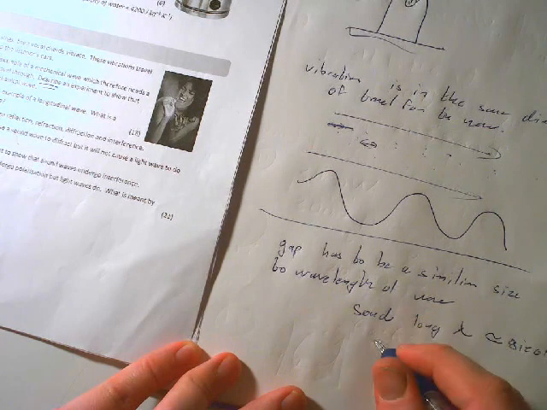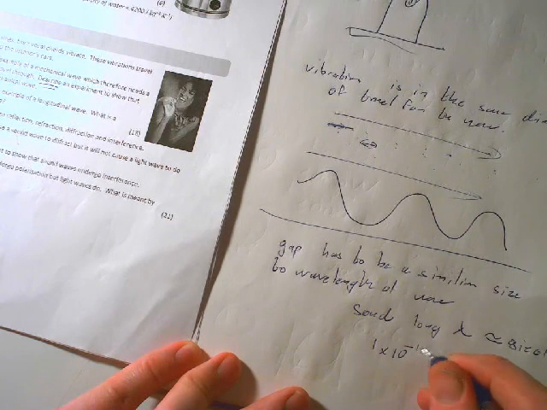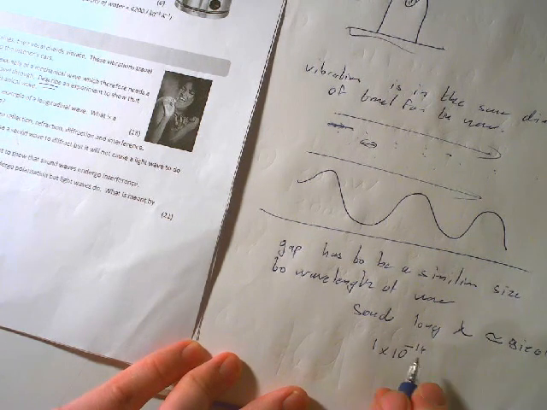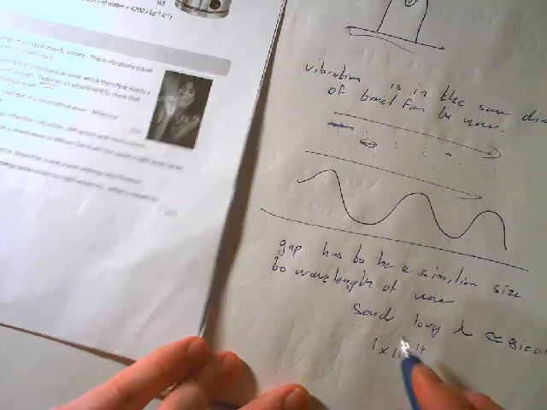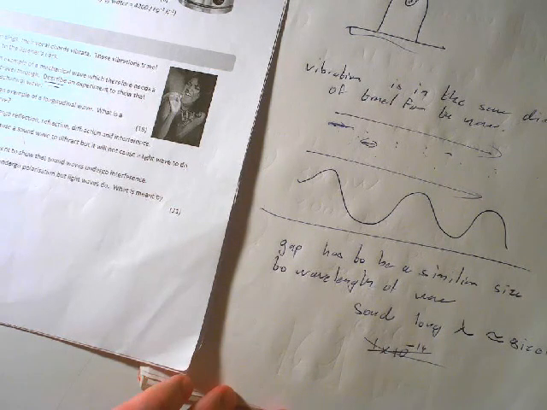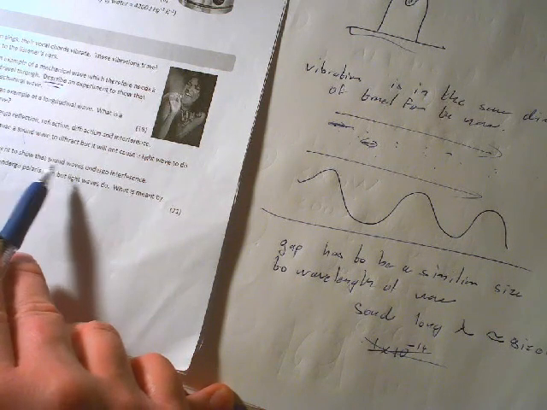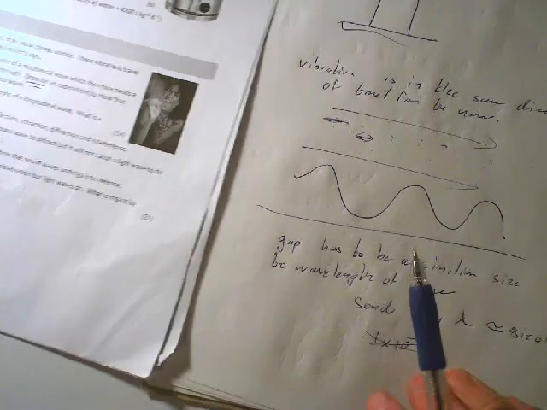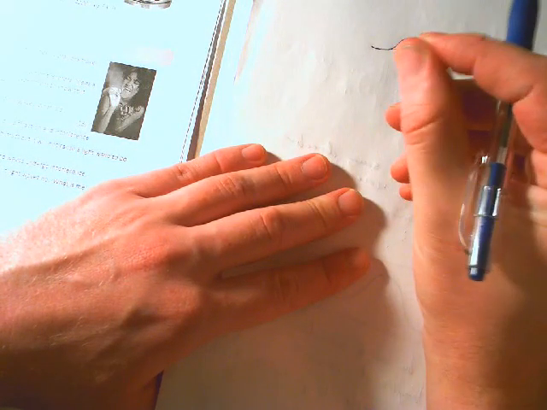And sound has a long wavelength that's pretty much similar to the size of the gap of a door. Whereas light has really tiny wavelengths, in the order of 10 to the minus 14 or 13 or 12, which means the size of that gap is too big and you won't get much diffraction happening. Sorry, putting in the numbers there, you didn't really need that. You just need to say that the wavelength of light is far too small for diffraction to happen because the gap is so much bigger in comparison.